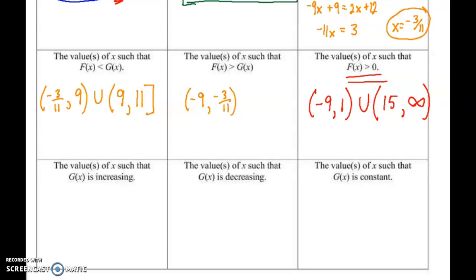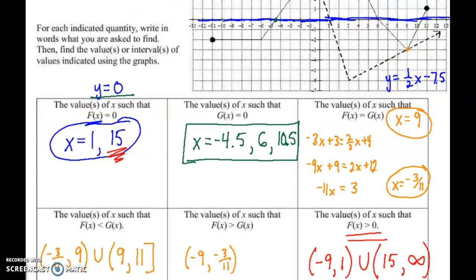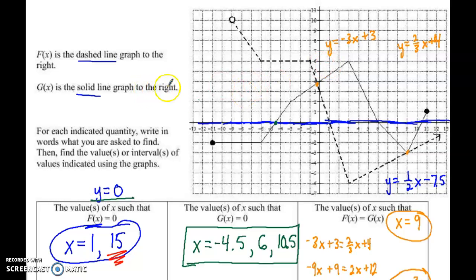So to continue 1.6, now we're reminding ourselves again for increasing, and again we're reading the graph left to right. I should do a different color. So G, as a reminder, is the solid, and as we read left to right, it's not going up until we get to here.